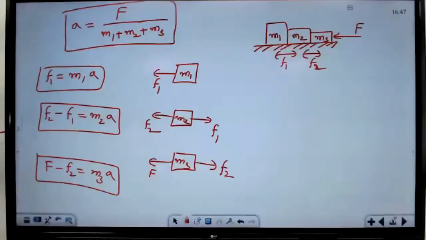Try to solve this one. So we need to solve this one based on this contact force equations only.